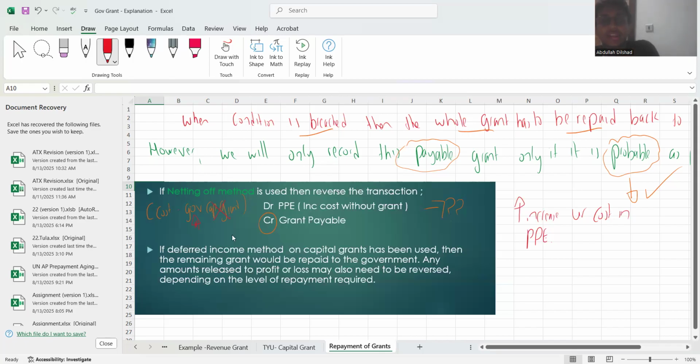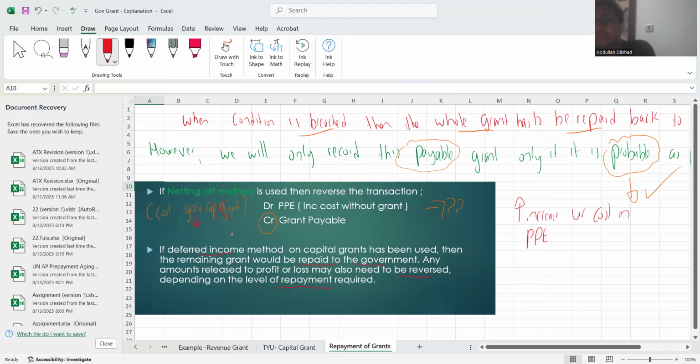For the deferred income method on capital grants, any remaining grant will be repaid to the government. Any amount released to profit or loss may also be reversed depending on the revenue.